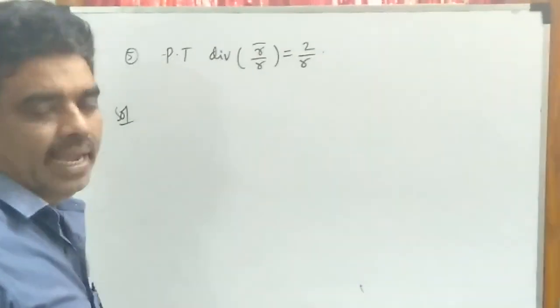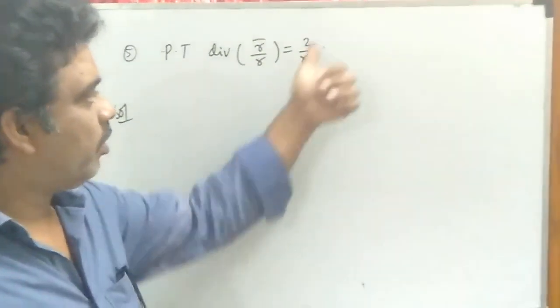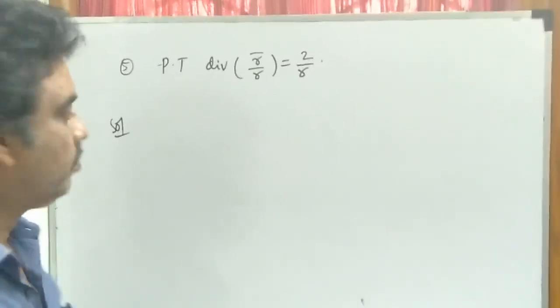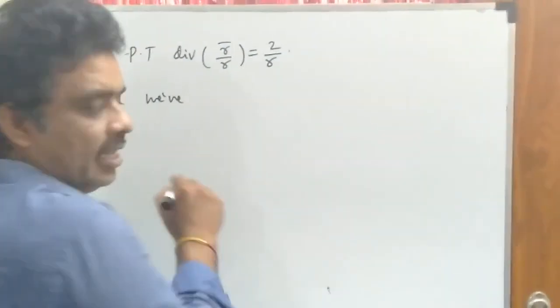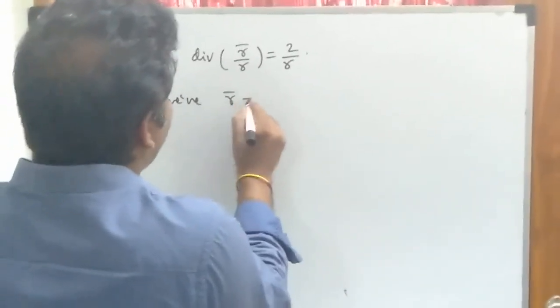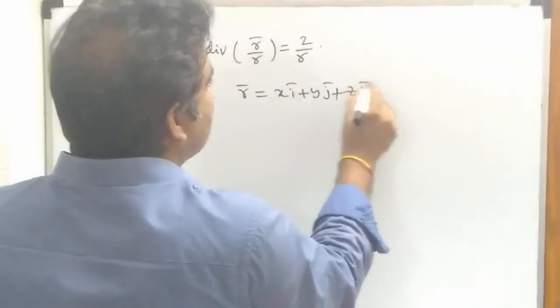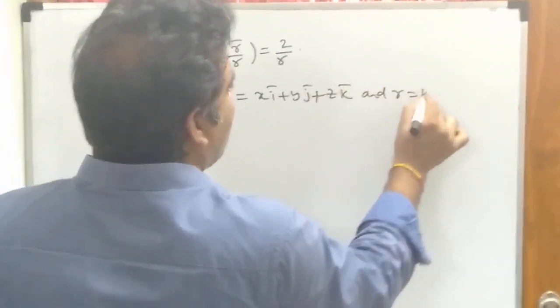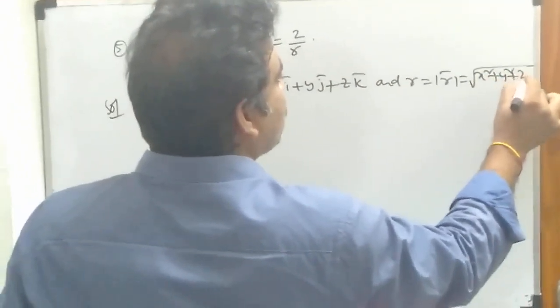Next, problem number 5. Prove that div of r bar by r is equal to 2 by r. First we write the information. We have r bar is x i bar plus y j bar plus z k bar, and r is the magnitude of r bar, root of x square plus y square plus z square.